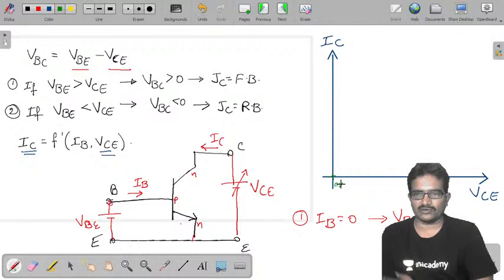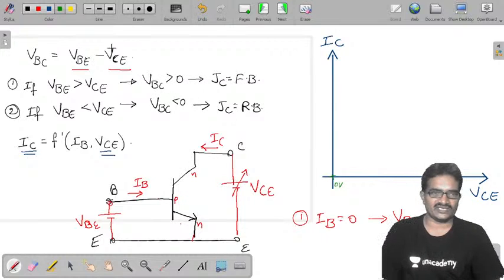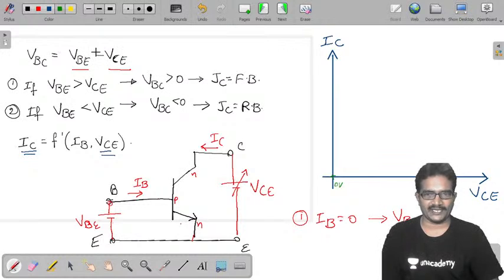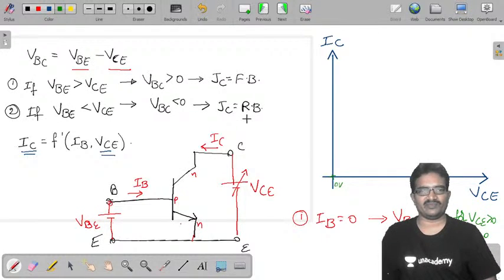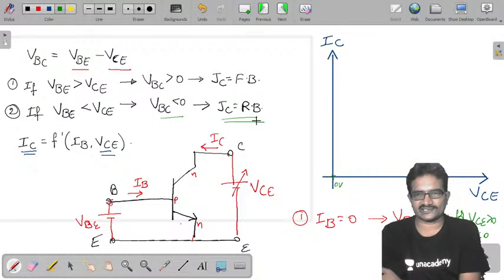Once VBE is 0, and VCE is 0 plus, VBC became negative. So for VCE greater than 0, VBC is less than 0. We know once VBC is less than 0, the collector junction is reverse biased.